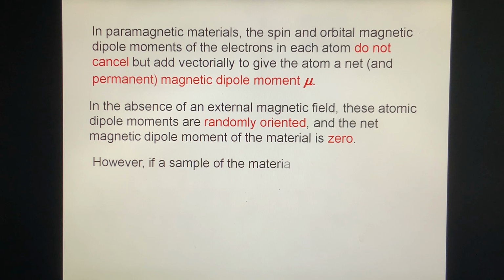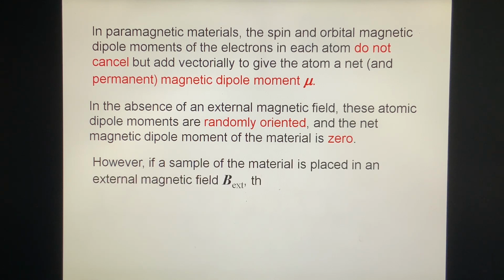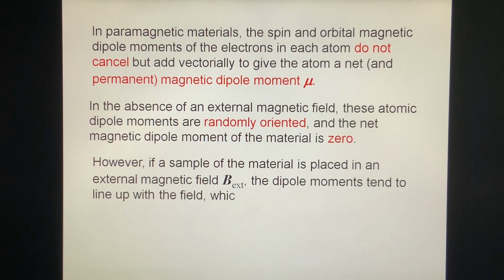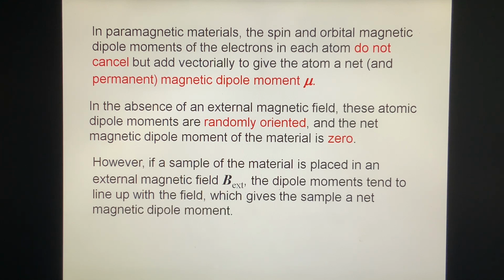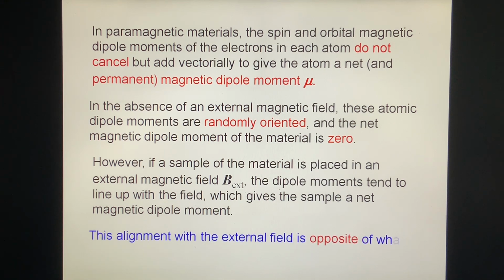However, if a sample of the material is placed in an external magnetic field, B external, the dipole moment tends to line up with the field, which gives the sample a net magnetic dipole moment. This alignment with the external field is opposite of what we saw with the diamagnetic materials.